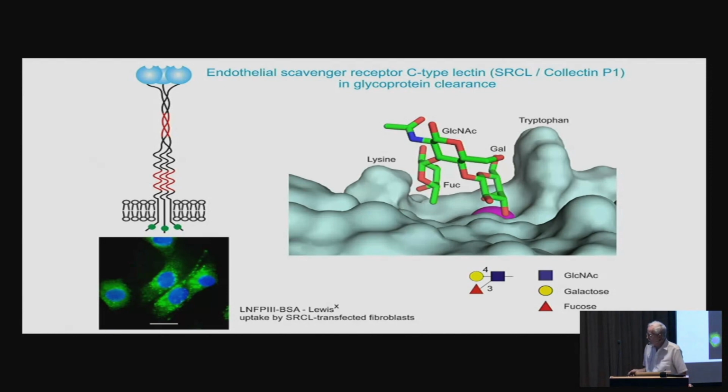It's a receptor normally found on endothelial cells. This is transfected into fibroblasts, and it takes up, in this case, the Lewis X tagged neoglycoprotein. Naturally, what it can take up are proteins released from neutrophils. The neutrophil granule proteins are tagged with this tag, and that means that once they're released, if they end up in the blood, they will get cleared very quickly by the endothelial cells.